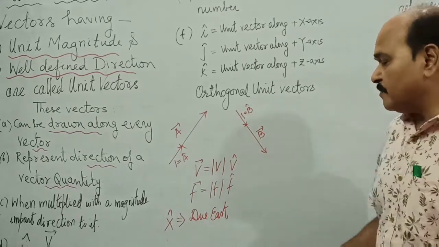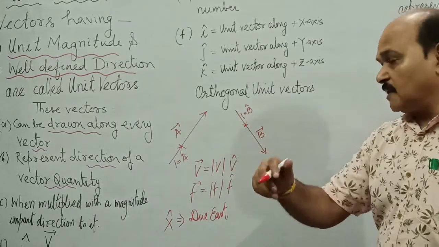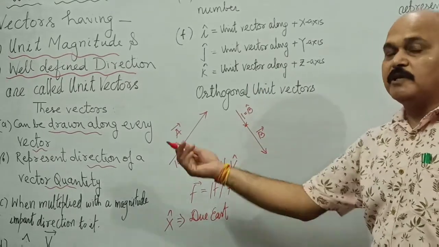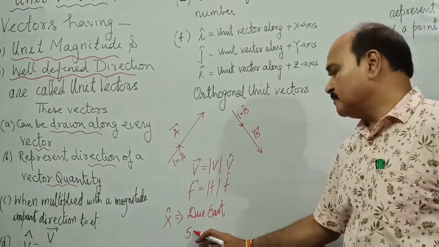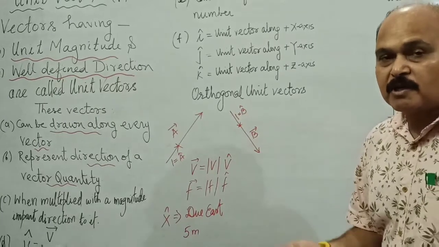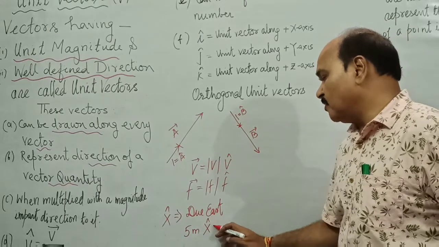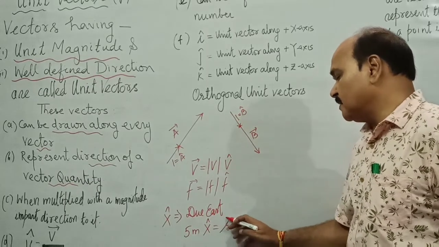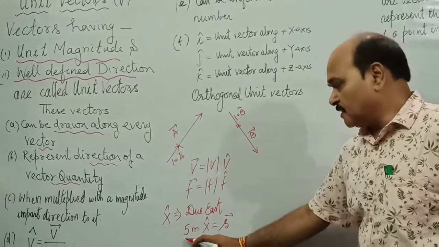Now when this x cap is multiplied with any magnitude, that magnitude gets the direction of this unit vector, which is due east. Suppose we have a distance of 5 meter. This 5 meter distance has no direction. But the moment we multiply it with x cap, it becomes a displacement vector. The value of displacement is 5 meter and direction is due east.